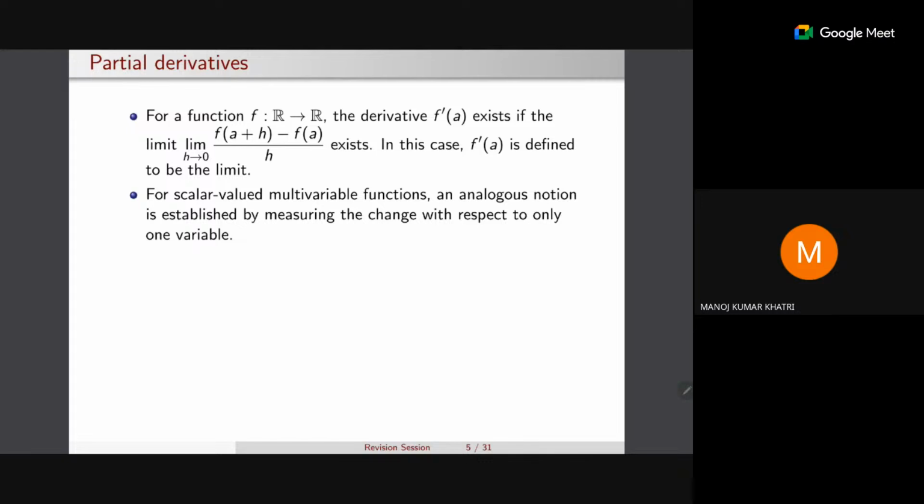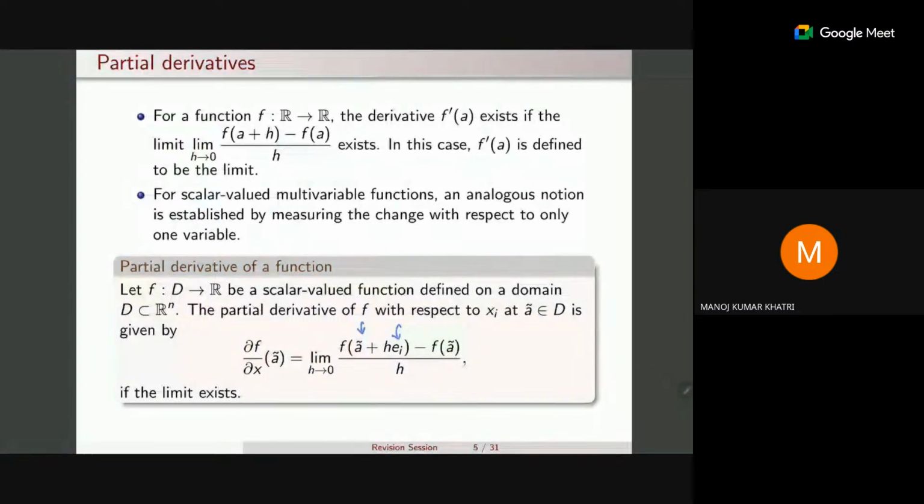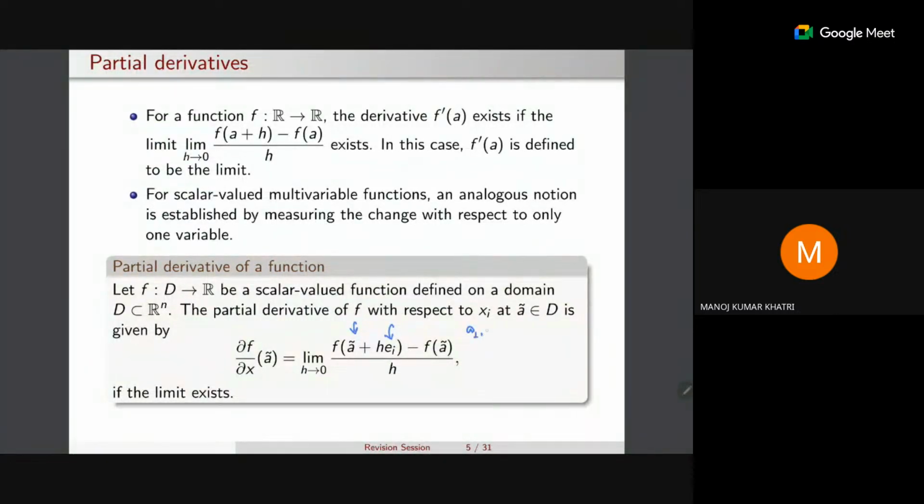So what do we do in the multivariate case? We take each variable separately and then try to do the same thing. So this gives rise to the notion of partial derivative, wherein I have a scalar valued multivariable function, and I change the function value only in the direction of ei. So this a tilde is some (a1, a2, ..., an).